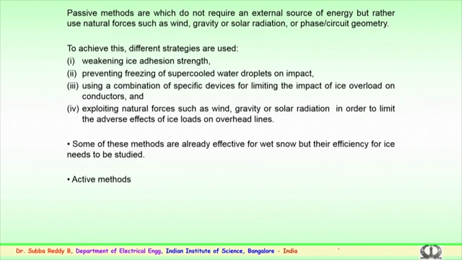So, they are not direct methods: weakening of ice adhesion strength, preventing freezing of supercooled water droplets on impact, using a combination of specific devices for limiting the impact of ice overload on conductors, and exploiting natural forces like wind, gravity or solar radiation in order to limit the adverse effects of ice load on overhead transmission lines or insulators.